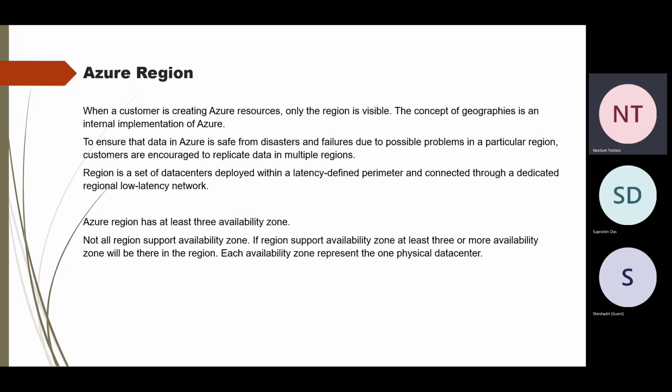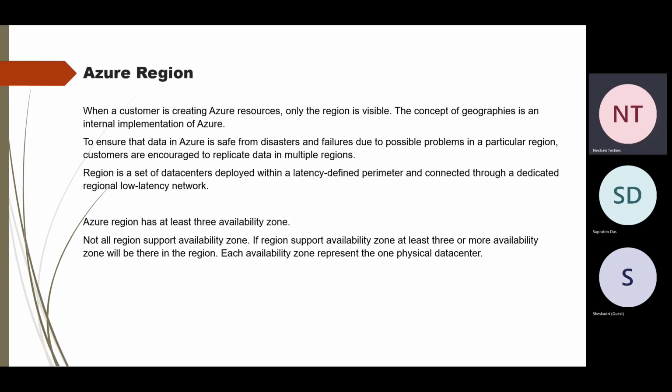One region, like the Central US region, can be the primary region, and another region, South or Central US something, can be the secondary Azure region if you want disaster recovery, a DR site.